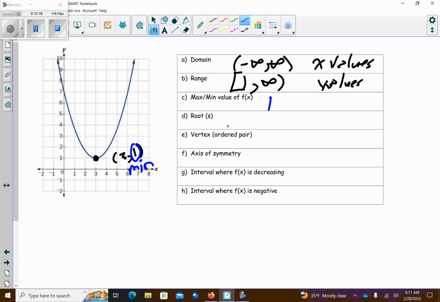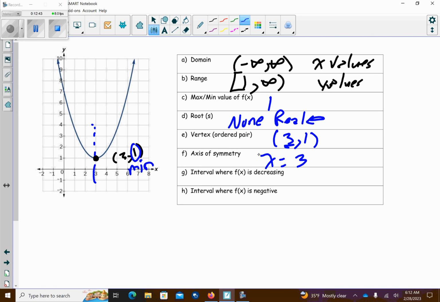Our roots, this one will have none that are real. This means the real number system. Our vertex in this case is going to be 3 comma 1. We're going to talk more about how the roots deal with the name. The axis of symmetry is, well, it's right here, so it's going to be x equals 3. Remember, it's always the x component of the vertex.